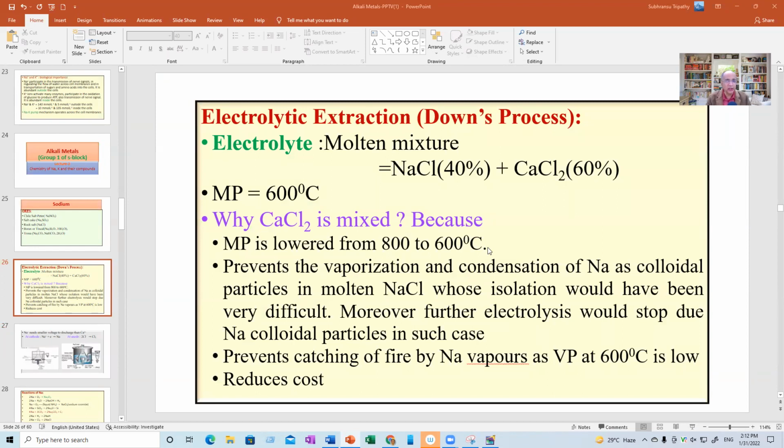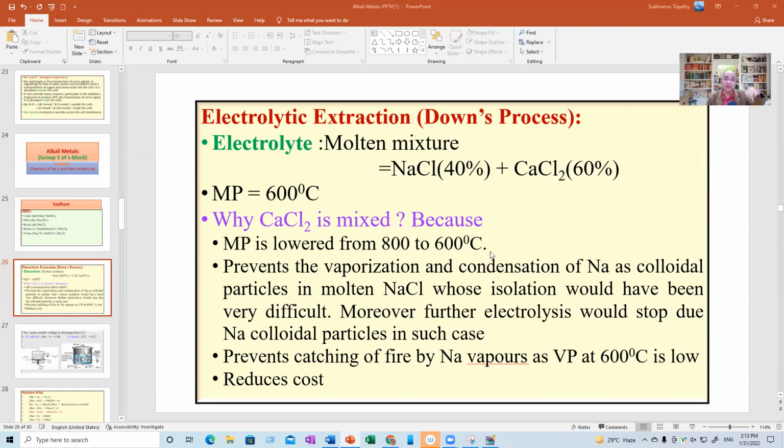And we already know these s-block elements and aluminum are extracted by electrolytic process, not by any chemical reduction process, because that is not economical. This is economical because these are themselves very good reducing agents.